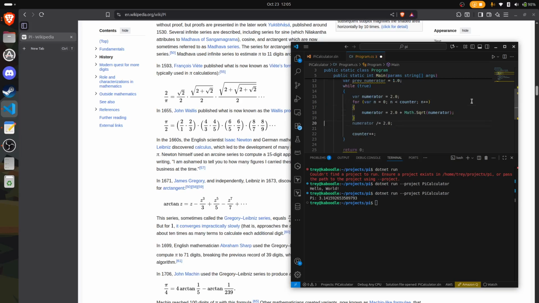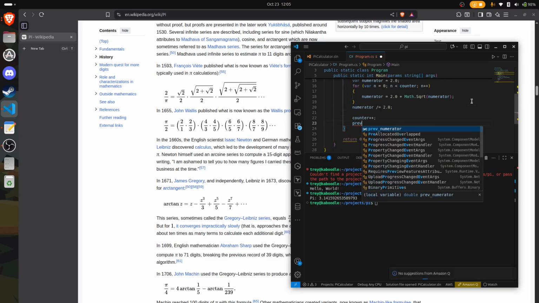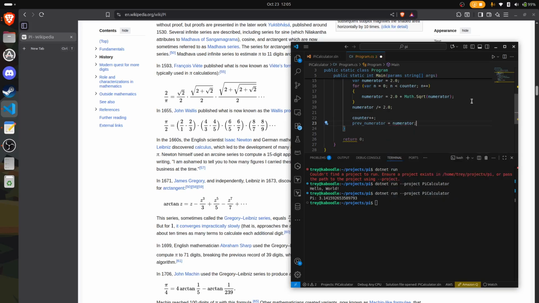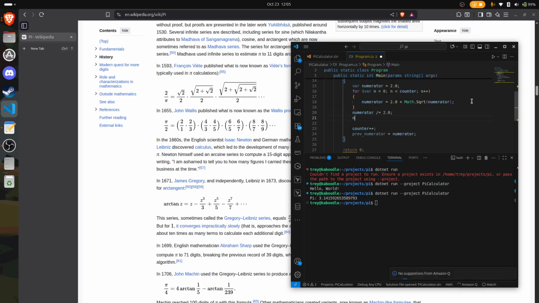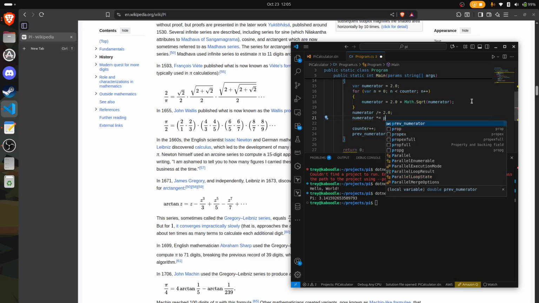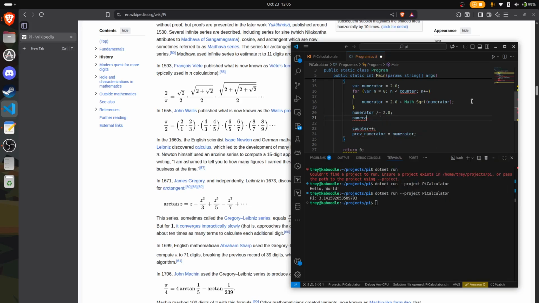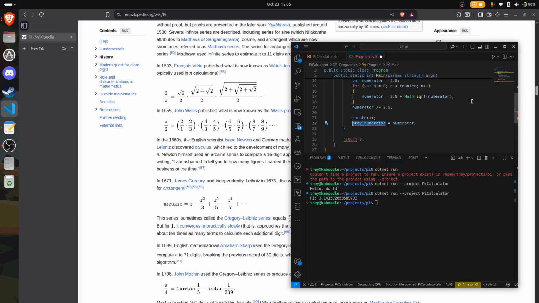No, I want it down here. Actually, we don't need the previous numerator because I think we can do this.